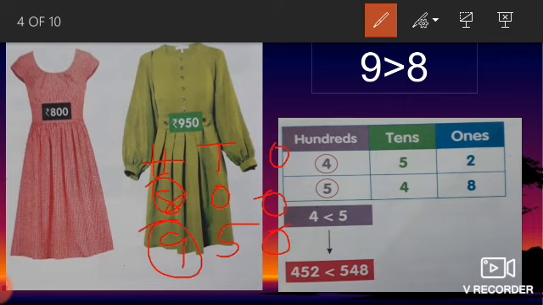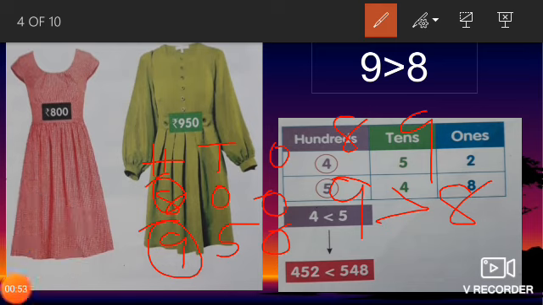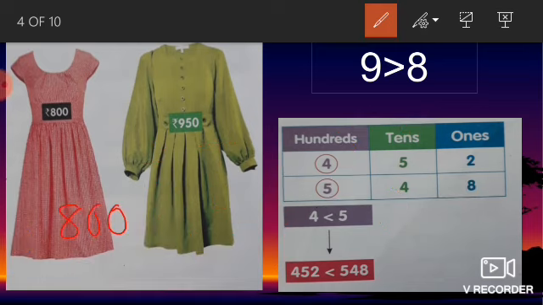In these two digits 8 and 9, which is the bigger? Yes, obviously 9 is the bigger number compared to 8. With this, we conclude that 800 is less than 950, or you can write 950 is greater than 800.